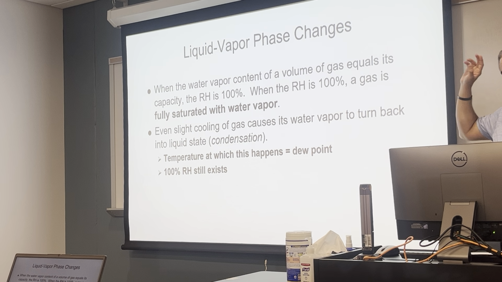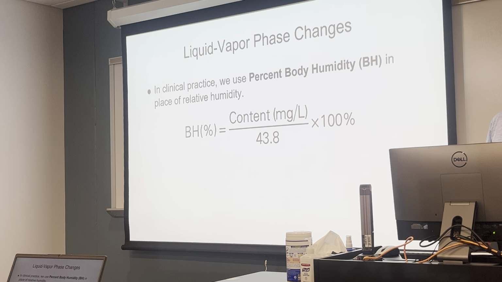All right, let's talk about where it really matters to us. So we defined absolute humidity, that's the actual amount. We defined relative humidity, that's the actual amount divided by its saturated capacity. And I'm going to take relative humidity and tweak it just a little bit, and instead of relative humidity in clinical practice, we'll use the term body humidity.